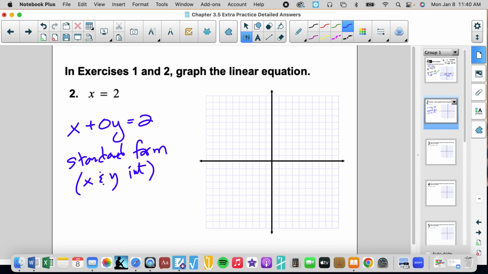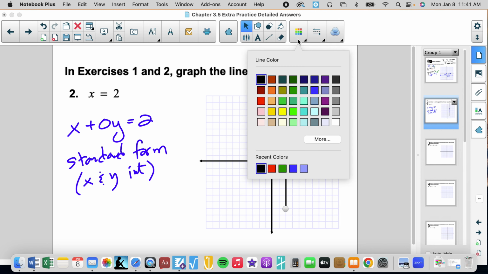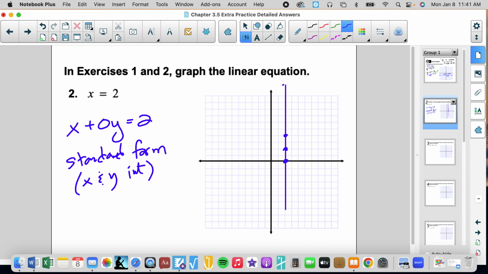Much like we say that our output's always going to be -3, our x is always going to be 2. So find a couple places where x is always going to be 2. It's going to look like that. So that is going to be the equation x equals 2.